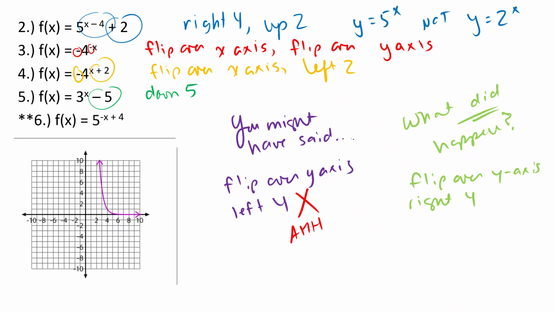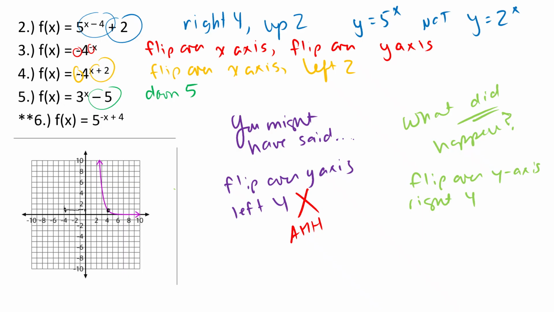Let me see, where's my pen? Okay, it would be something like this. So you had your y-intercept, you go left 1, 2, 3, 4 over here, and then you flip over the y-axis, which actually lands you to the right.